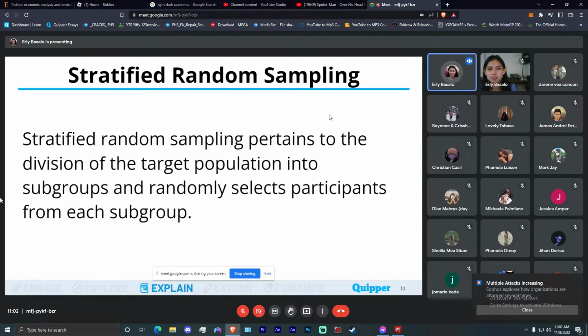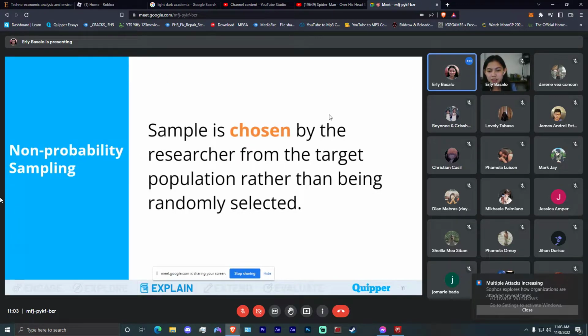For example, grade 12, section STEM B. So select participants from each subgroup. You are going to select sections among the students that can become participants in your study.